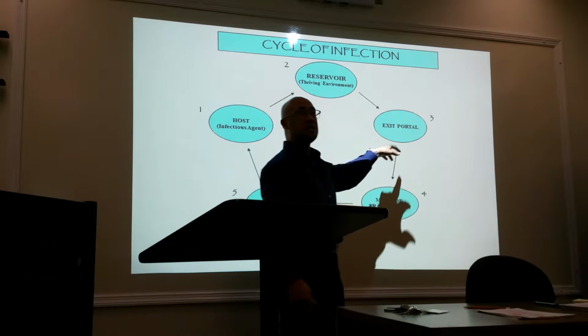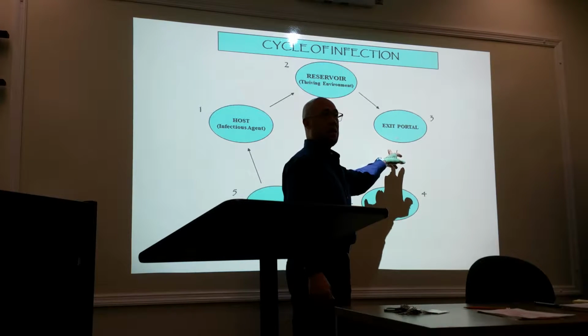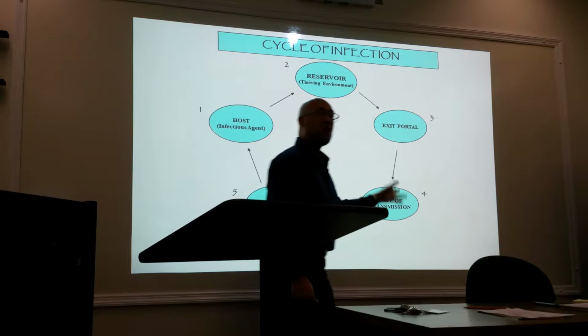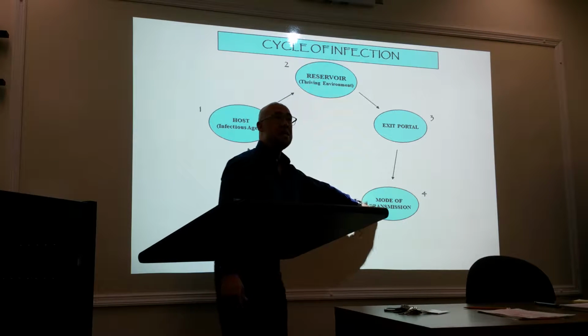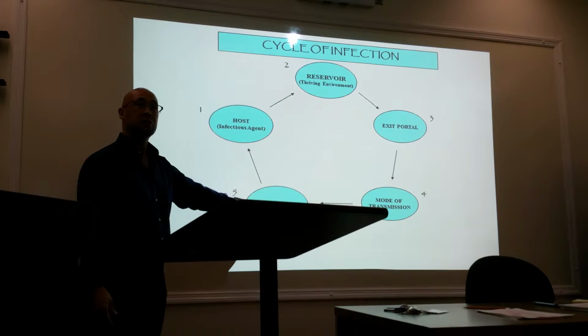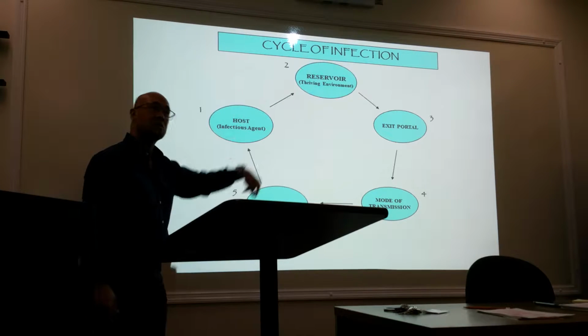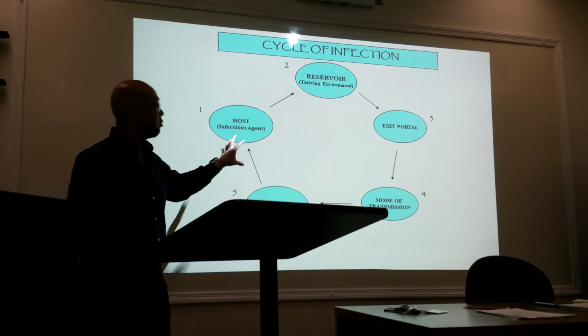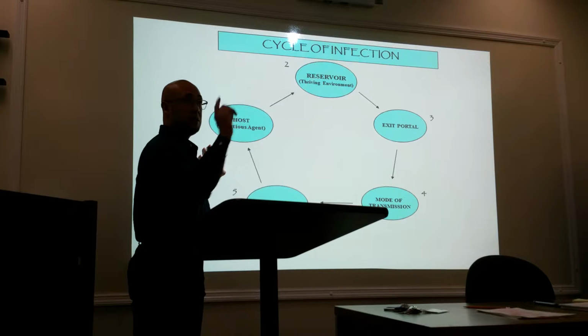A way to exit the host. Once they exit the host, how are they going to be transmitted into a new host? And then the cycle starts all over again. Okay? So we will be spending a little bit more time on this in a few minutes.